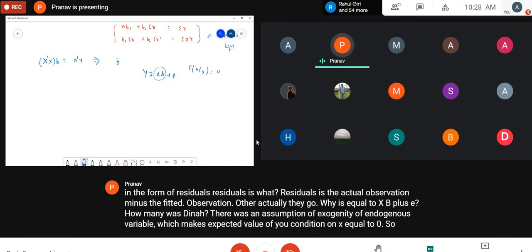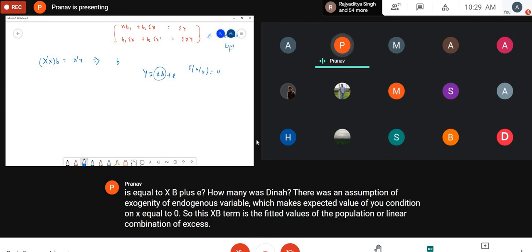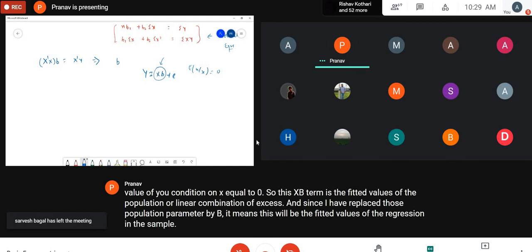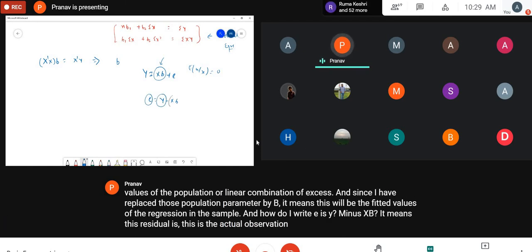So this Xb term is the fitted values of the population linear combination of X's, and since I have replaced those population parameters by b, it means this will be the fitted values of the regression in the sample. And how do I write e? e is y minus Xb. It means this is the actual observation and this is the fitted values of the sample using the regression.